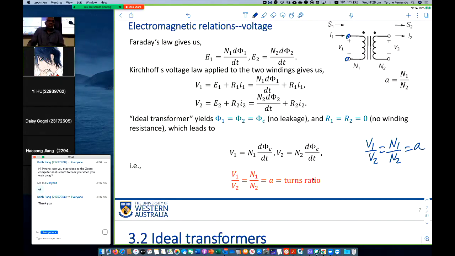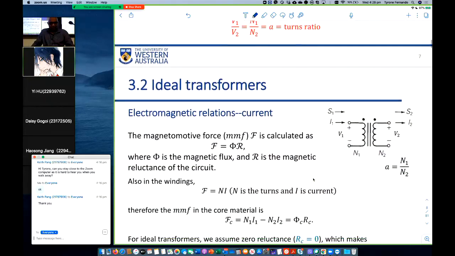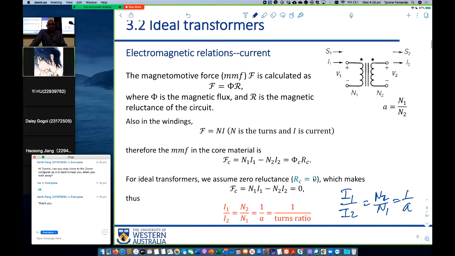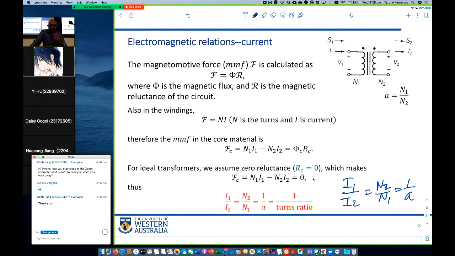I'm sure you have seen this equation before somewhere, perhaps in year 12 physics or a first year electrical engineering unit. Electromagnetic relations. The magnetomotive force, which is called MMF, is calculated as the magnetic flux times the reluctance R of the circuit, right? So let's consider the circuit on the top right. You see two dots.